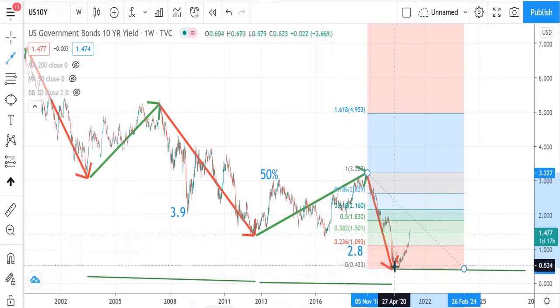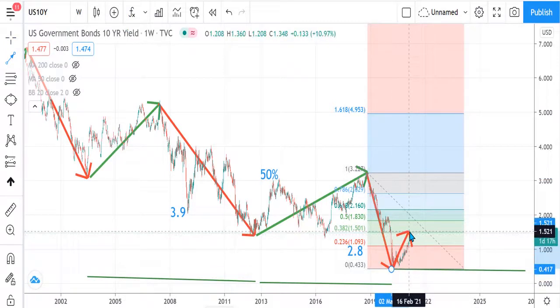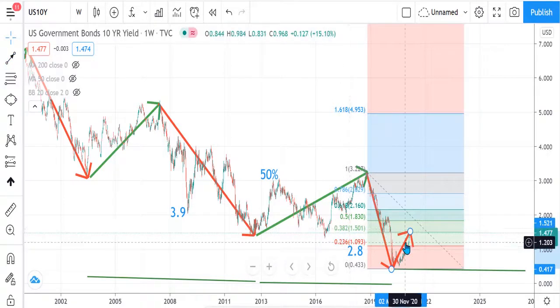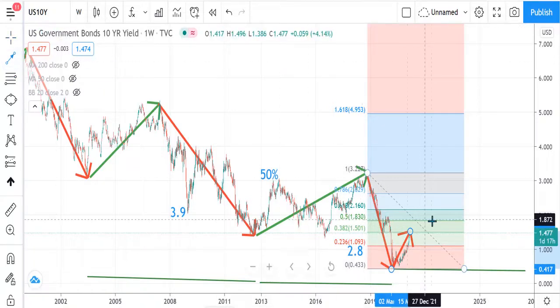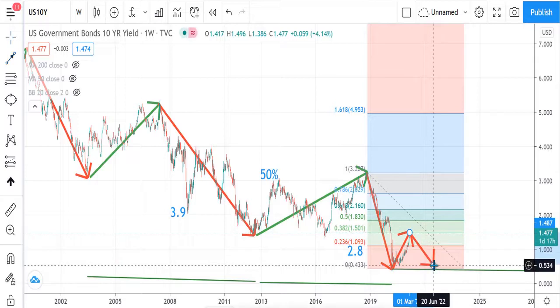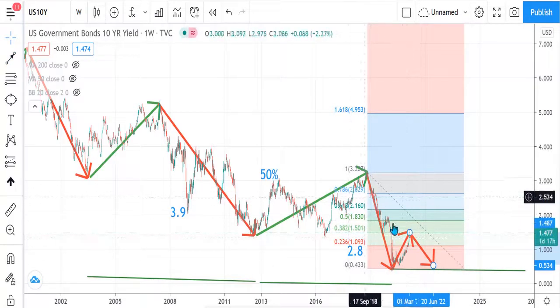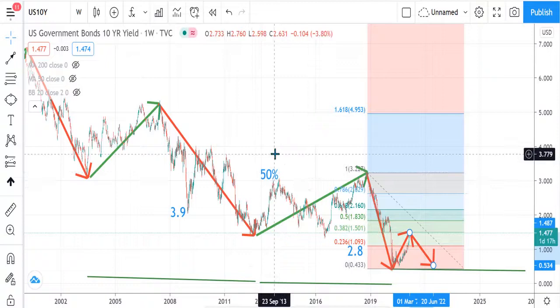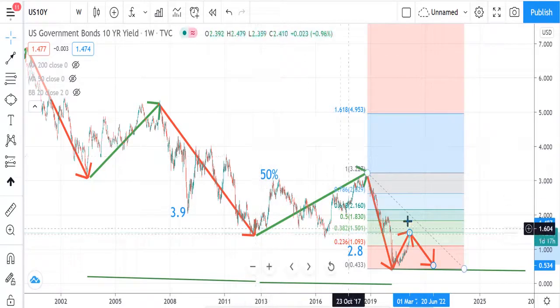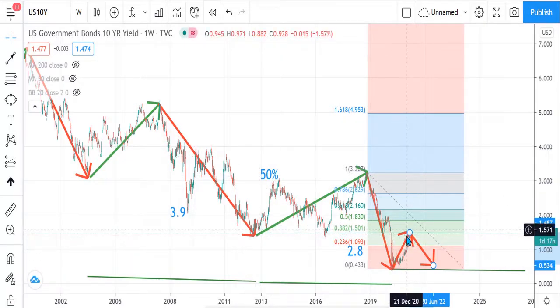Right now it is moving up from here to that 38.2% retracement. If it made a turn and goes down like this, that will actually mean it has the power to go further down, because from the 50% retracement it will actually be stopping at 38%.